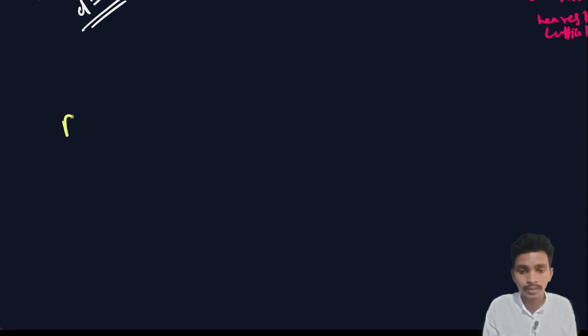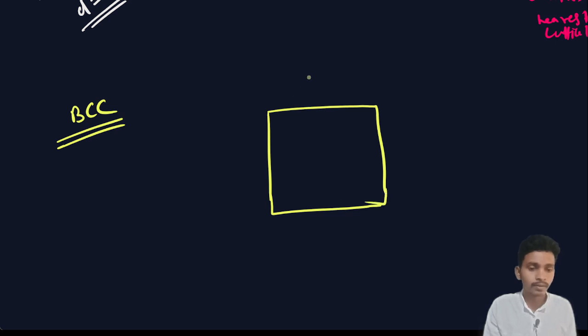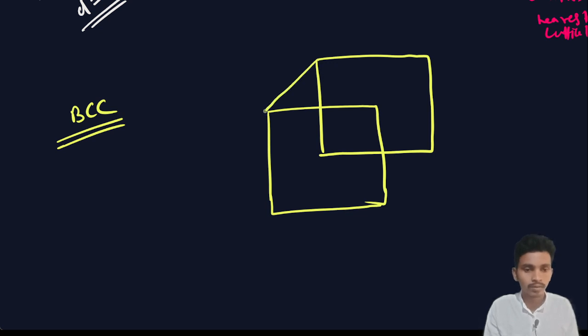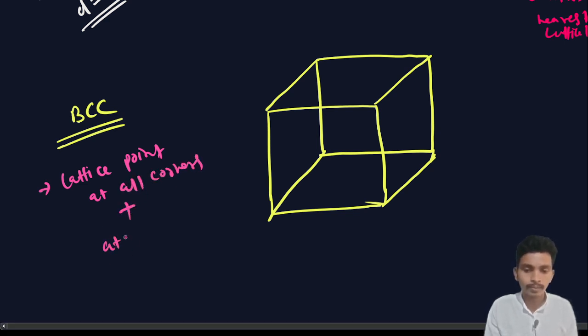Now let's look at BCC. For the BCC case, again draw the structure. In BCC, there are lattice points at all corners plus one at the body center.